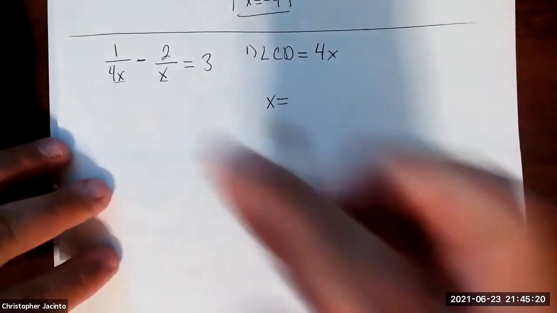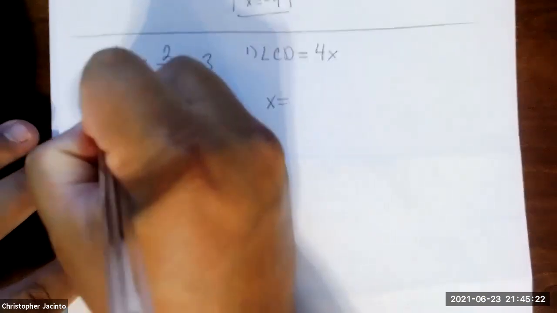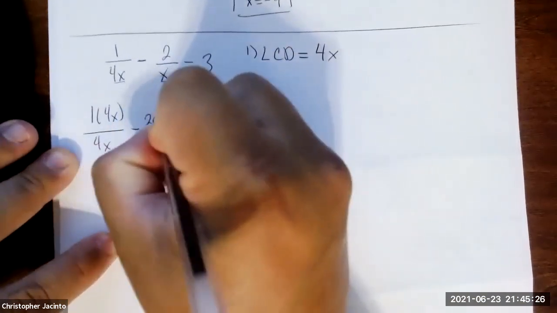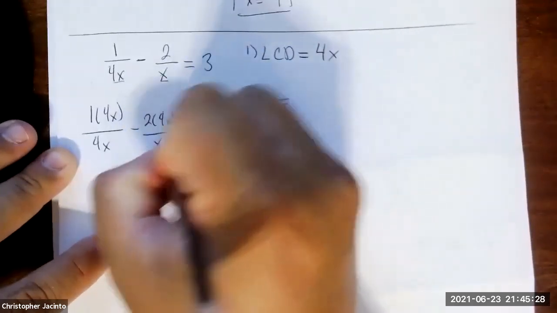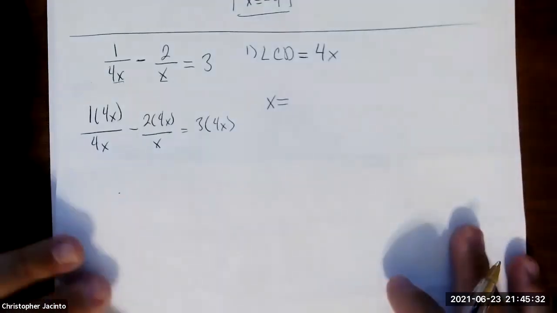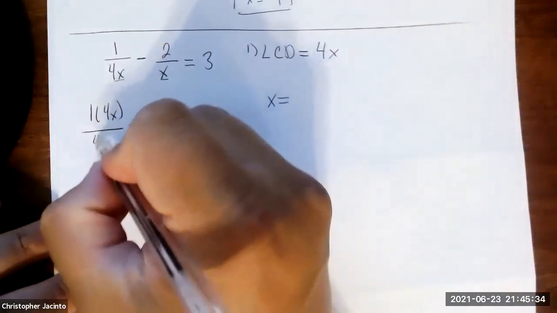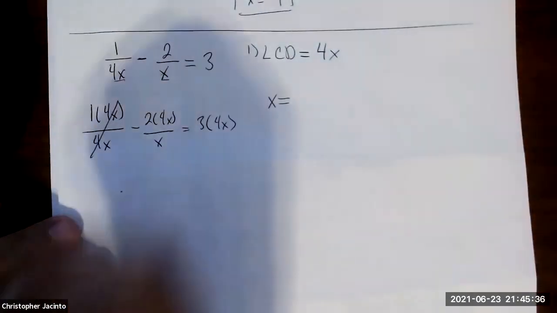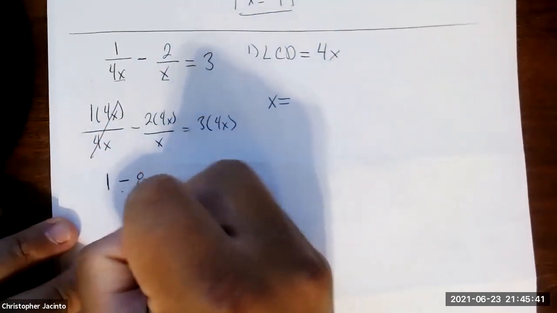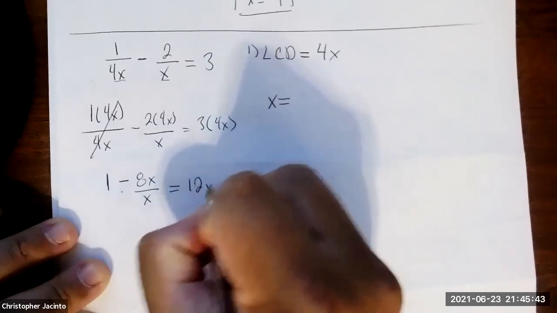So let me just go through this real quick. Now we will multiply everything by our LCD. And notice that's nice. All of that cancels, so you just get 1 here. Over here we get 8x over x, and here we get 12x.